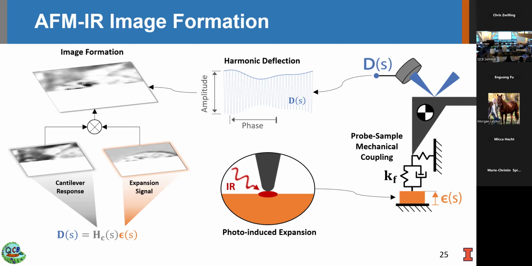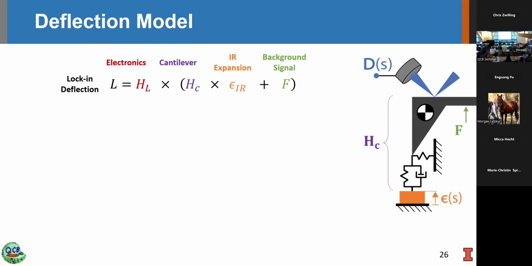This results in IR images that are actually often masked by structural and mechanical features of the sample, and pretty much due to the local mechanical coupling of the cantilever to the sample. So this has a number of different ways that this can cause artifacts.